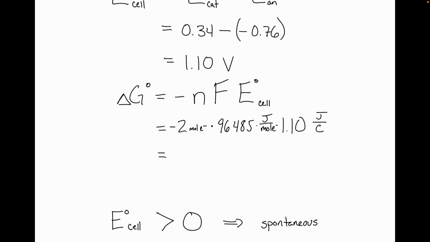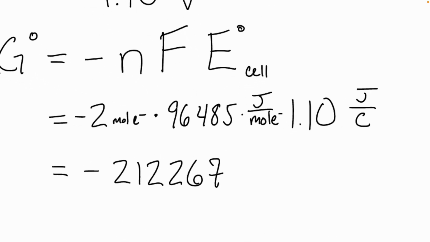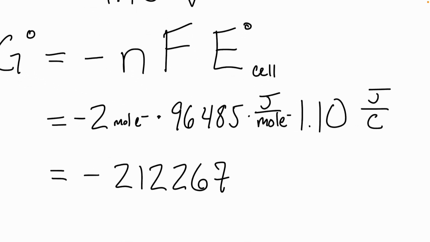All right, we get this gigantic number, negative 212,267. What are my units on that number? Let's look closely. We said 2 moles of electrons times Faraday's constant, which is coulombs per mole of electrons. So moles of electrons cancel out. I messed this up, sorry. Faraday's constant is coulombs per mole electron, not joules per mole electron.